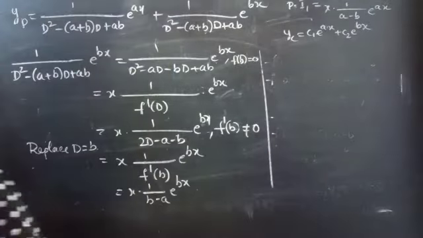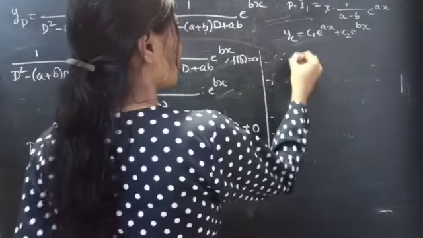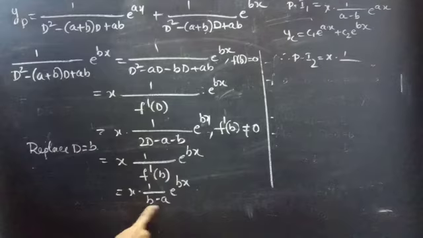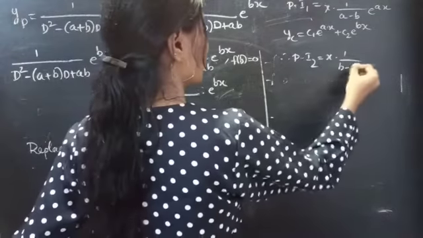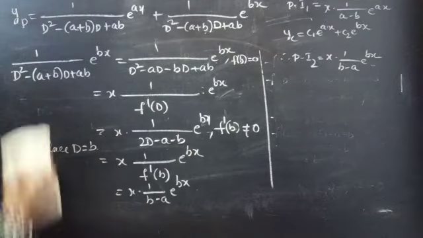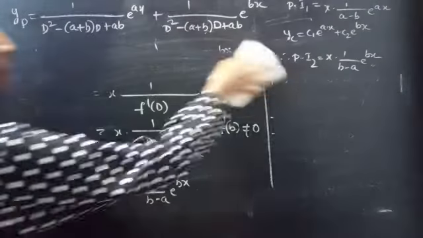So therefore yp2 equals x into 1 by b minus a into e power bx. Now we'll write yp.